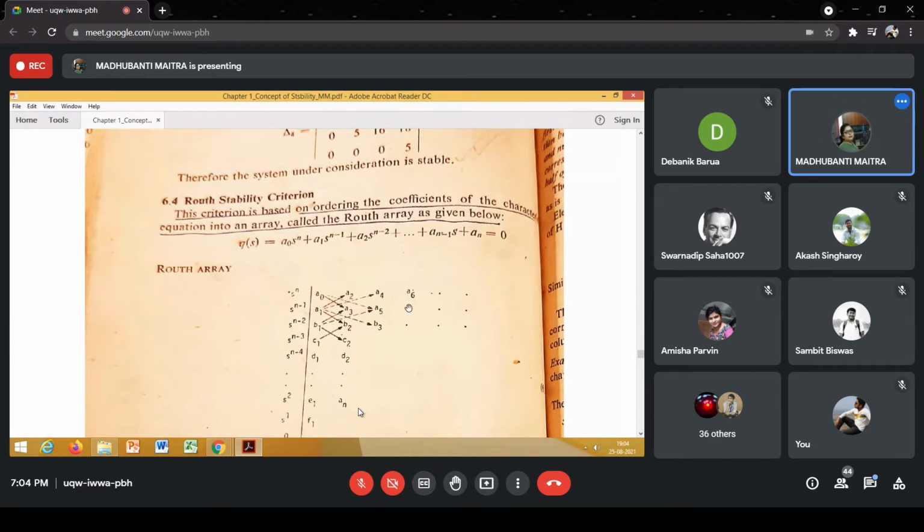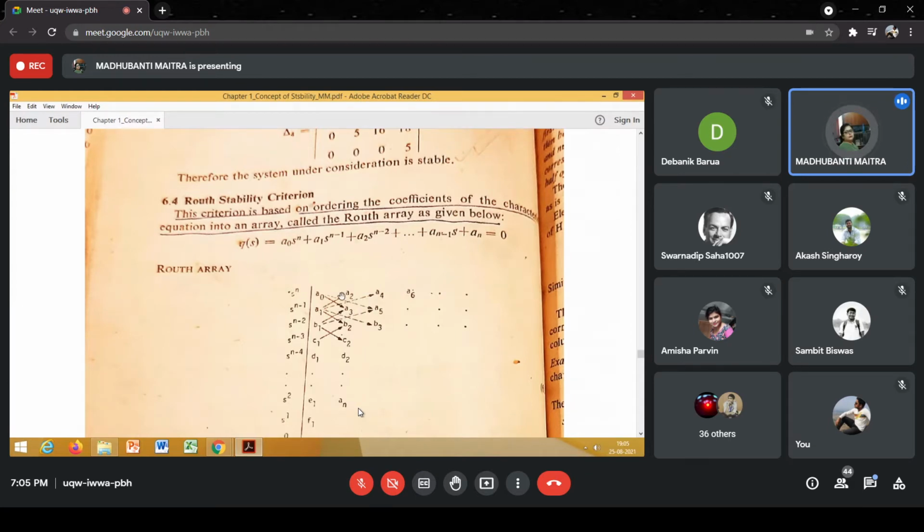Am I clear? Similarly, in the first row, you will not get any coefficient which is A8. So after A6, the next term of the first row of the Routh table will be a 0. Have you understood this? Yes, ma'am. Okay. Now, the third row corresponds to a term which is s to the power n minus 2.